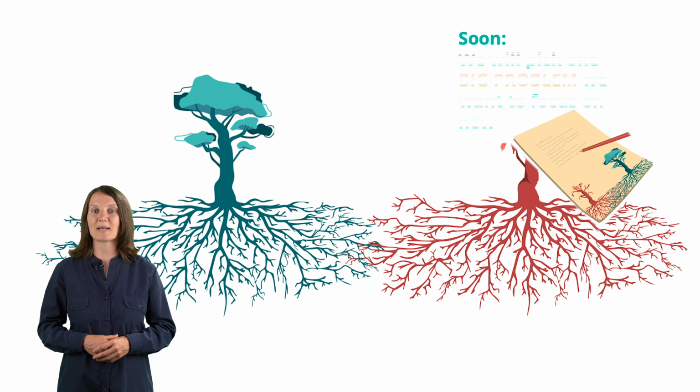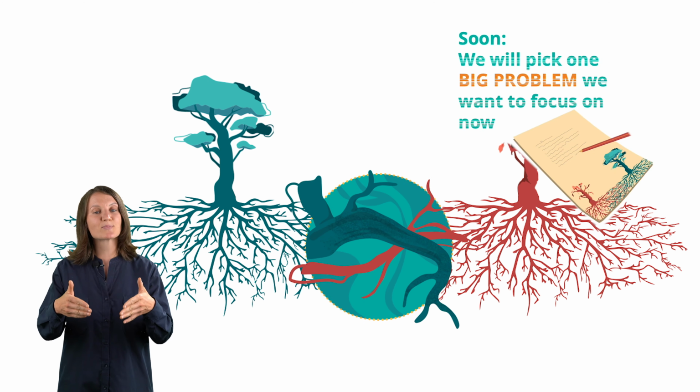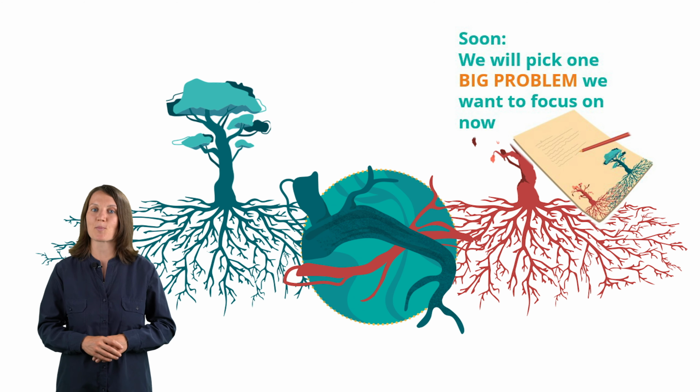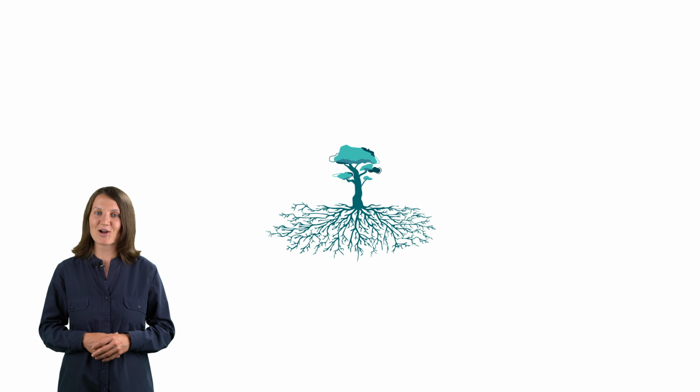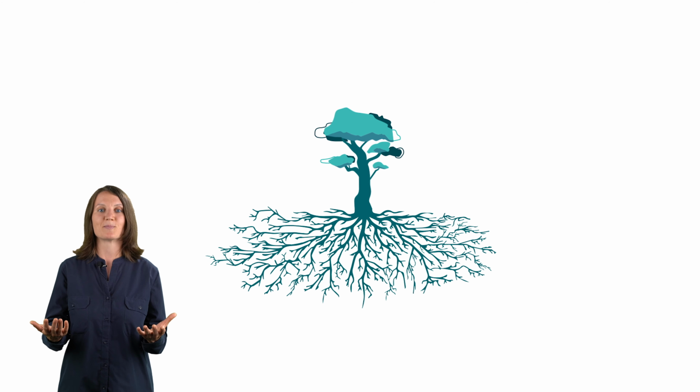Coming back to our metaphor of the forest, let's select and zoom into one specific tree, as we also have to decide on one big problem we want to focus on now. We believe that the structure of a tree mirrors well the structure of a social problem.